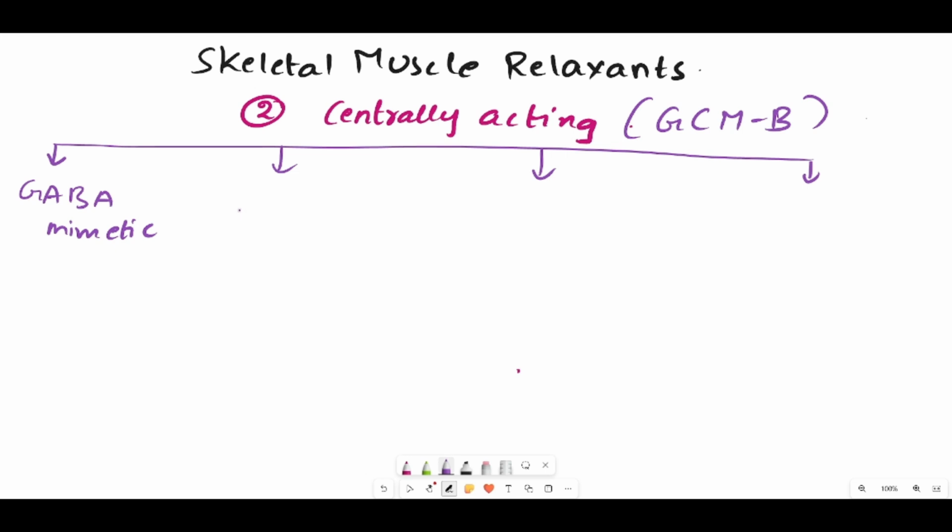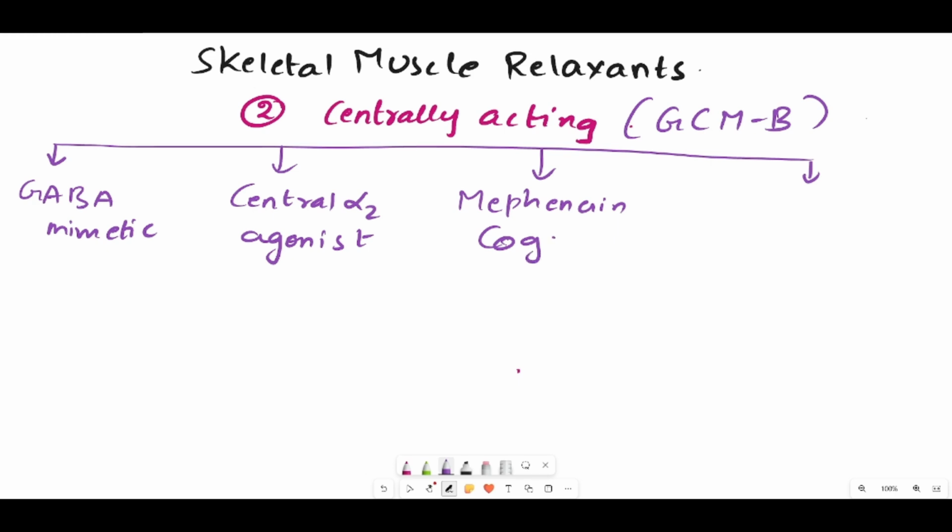C means it is central alpha 2 agonist. M means it is mephenesin congeners. And B means it is benzodiazepines.